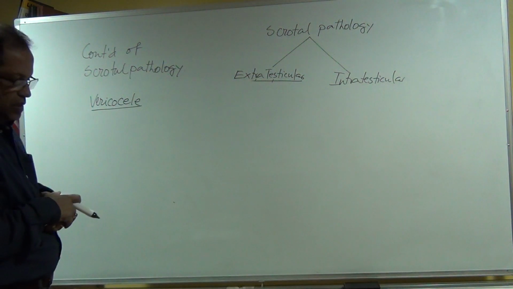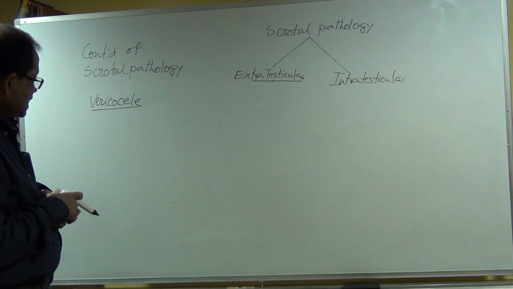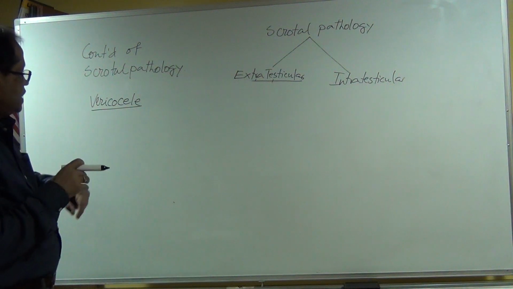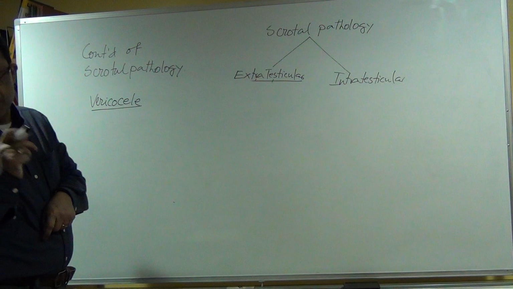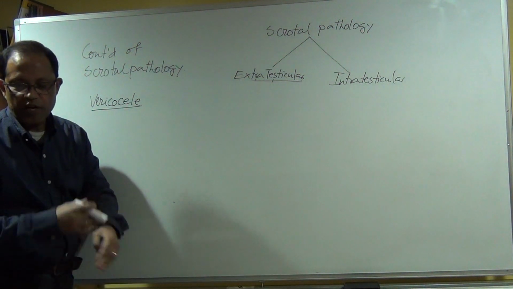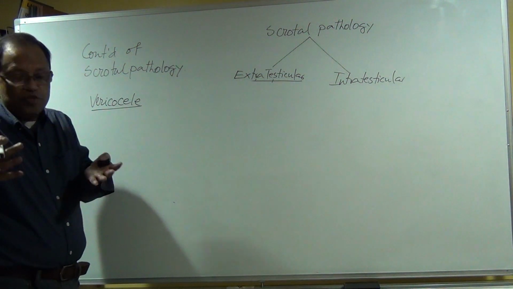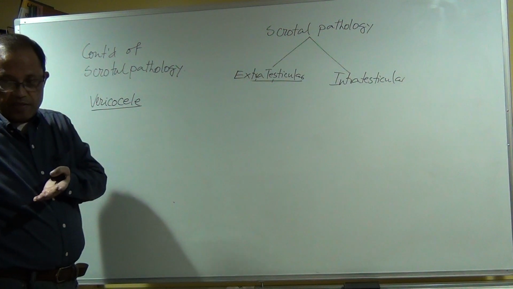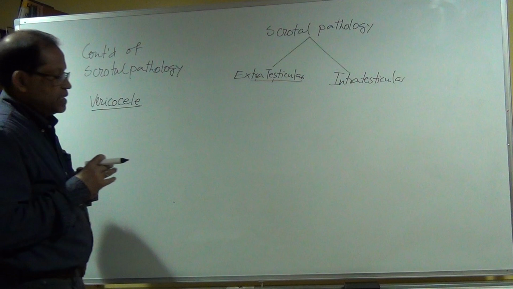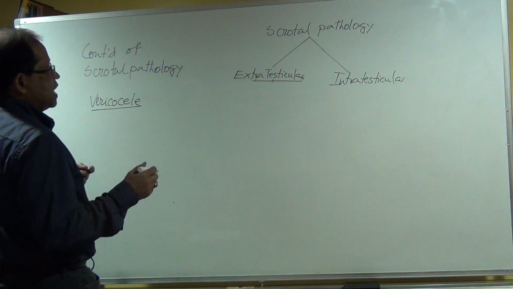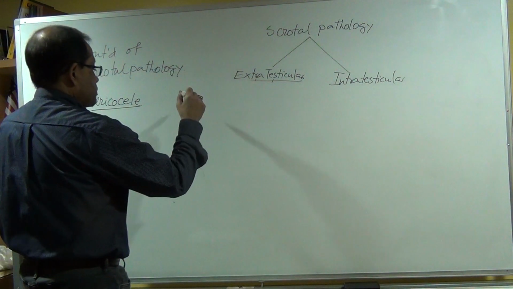Varicocele. Varicocele is a varicosity. You know what a varicose vein is, right? It develops in the lower extremity, abnormal dilatations of the superficial veins, tortuous. And for the varicocele, you have to know a little anatomy first.